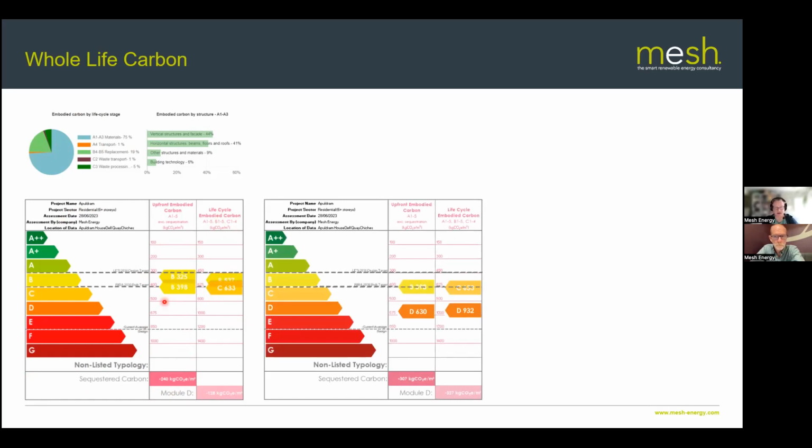But then once we started looking at improving the existing building and enlarging it, the rating of it fell because we've got some, like I said, higher GWP materials in there. There's more material in there that's not necessarily beneficial for the environment, so it's got a higher GWP. And also with the enlargement, it started to push up the life cycle embodied carbon as well.